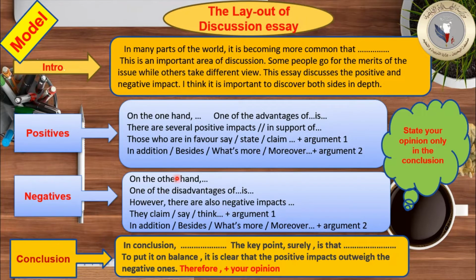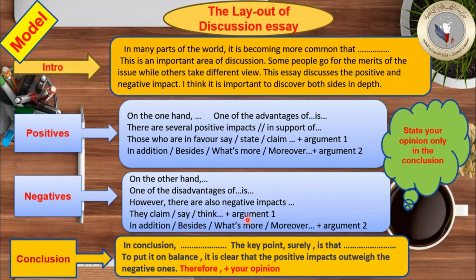So on the other hand, one of the disadvantages is so and so. However, there are also negative impacts. You can add whatever you want about the topic. They claim, say, think, and mention your first argument.